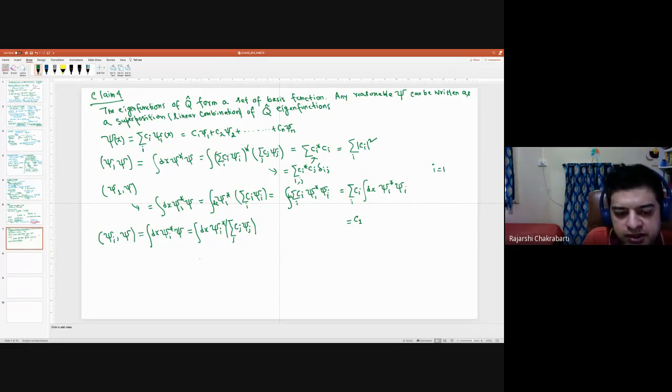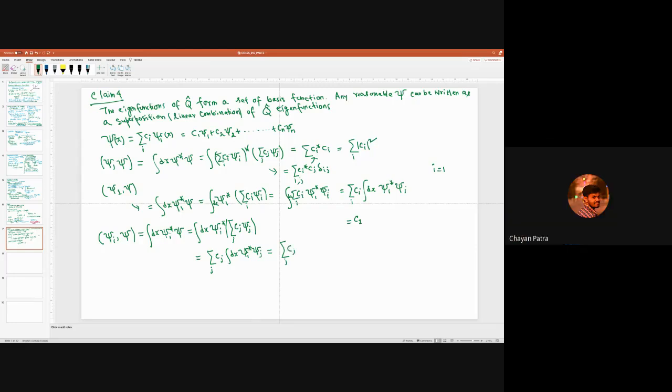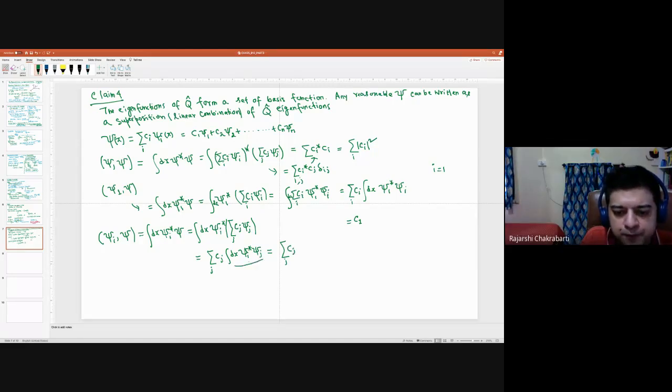And what is the answer? Essentially you have the sum over j of Cj with the integral psi i star psi j. Can anyone tell me? It is Ci, and this one you know, delta ij. But only one term will survive, when i equals j. Only one term survives.